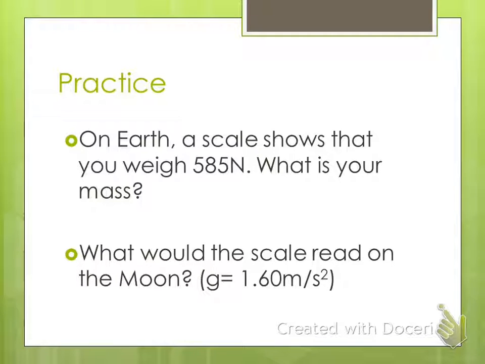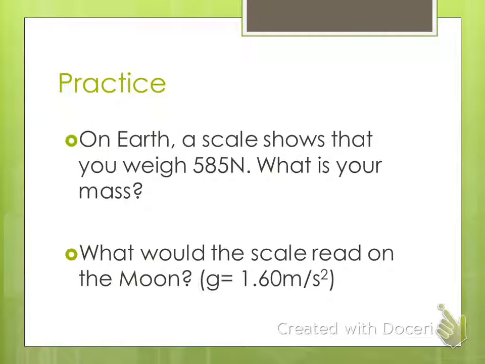What would the scale read if we were on the moon, not on the earth? Try that one. If we were on the moon, which has an acceleration due to gravity of 1.6, when we go to the moon, will our mass change? No, but our weight does because we're not on Earth.